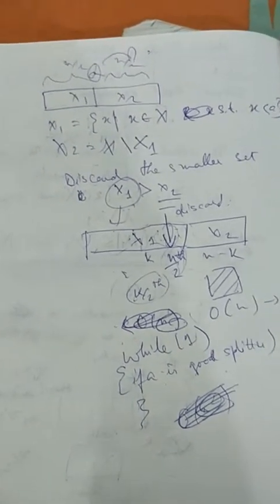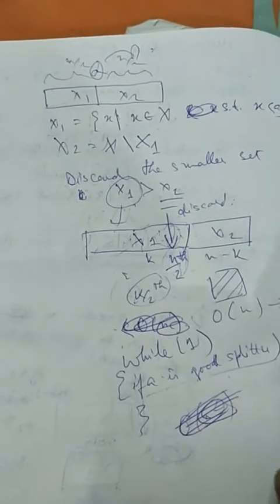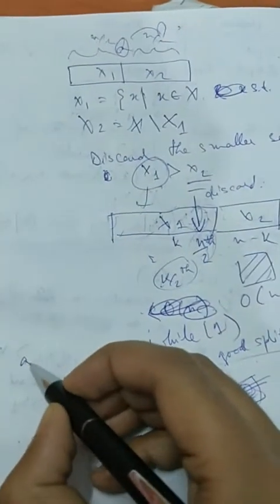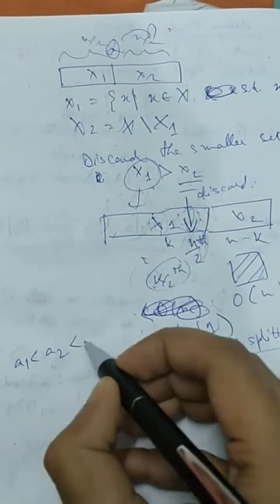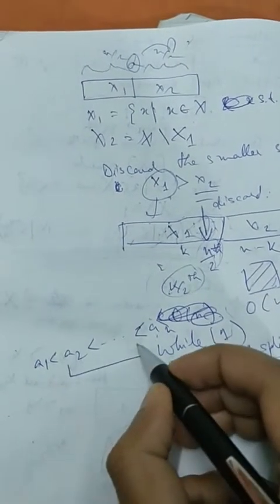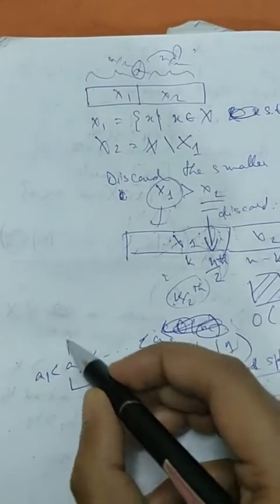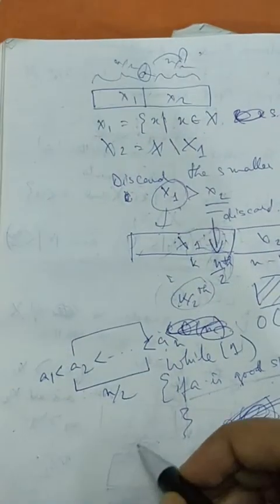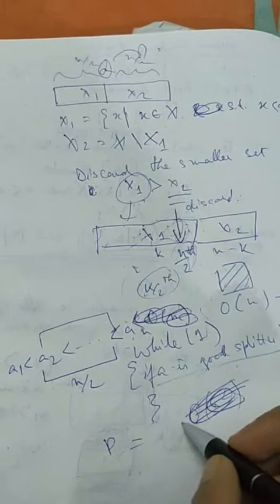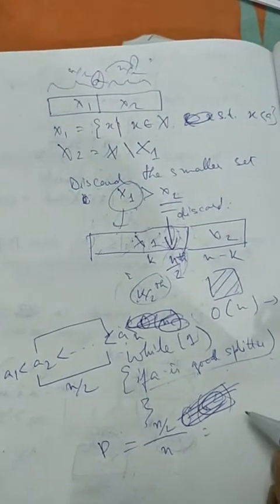So what we need to do is check how long this probabilistic part will take. So basically we need to find the estimate. We saw that if we take the sorted permutation of these n numbers, then we're looking at the middle n by 2 elements, and those are my good splitters. So the probability of getting a good splitter is the probability of selecting one of those n by 2 elements.